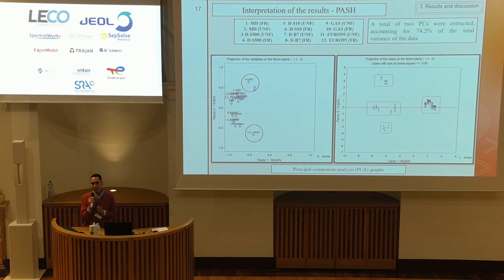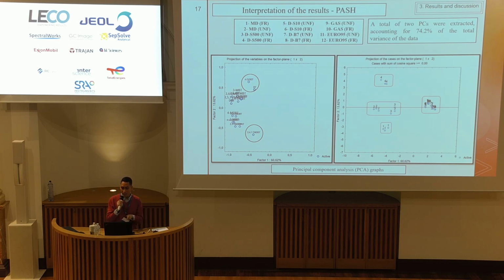So, to interpret all this data that we obtained, we decided to apply the principal component analysis. And for that interpretation, we will be able to see from the loading graph that these target compounds here were the ones responsible for discriminating the samples.